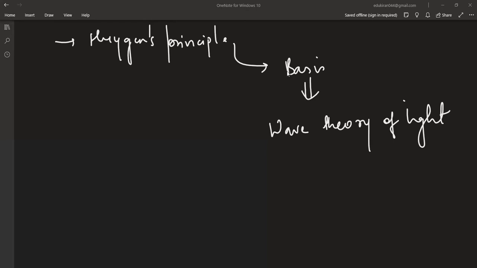Slits and sources. See, when we talk about a source, source means something that is producing the wave. Whether it's the source in wave optics or in ray optics, source means something that is producing the wave. In most of your diagrams you have S kept where you see a wave coming out. This is a source.